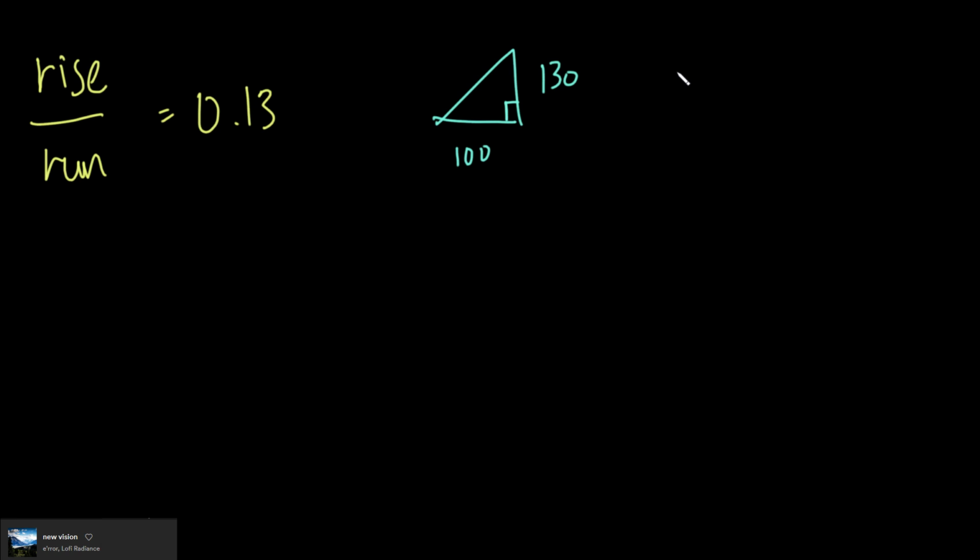Our rise here is 130, and our run is 100, which means if I do this on my calculator, 130 divided by 100, it gives us 1.3. Because 1.3 is greater than 0.13, option A does not meet the requirement.